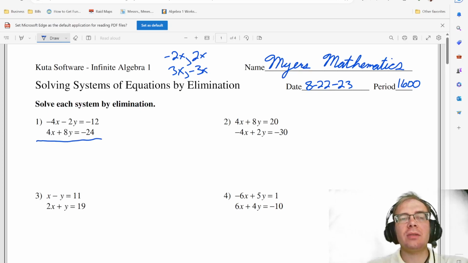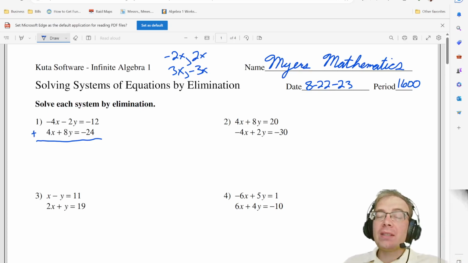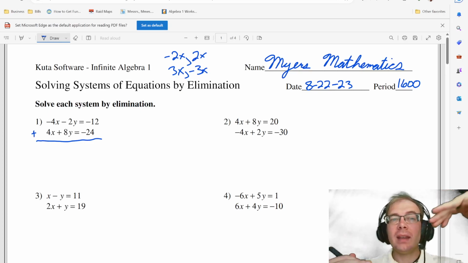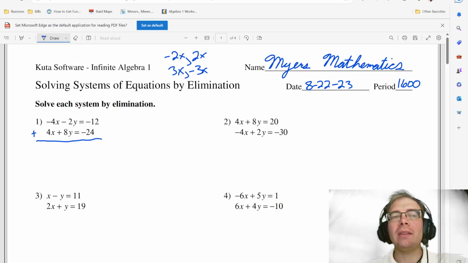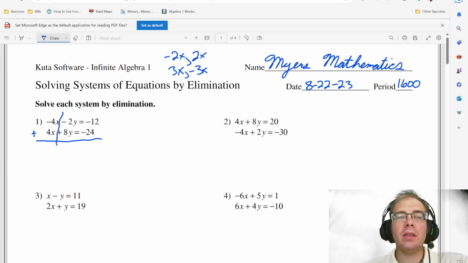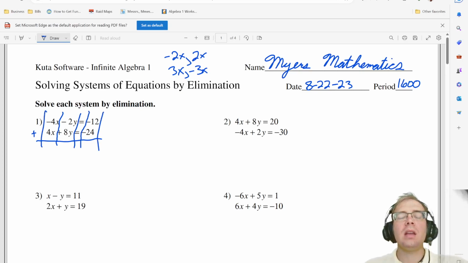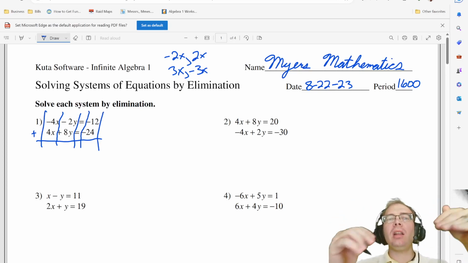And then you just solve, and you're good to go. When we get to where it's not already like that for you, then we'll cross that bridge when we get there. But for right now, we're already good to go, because if you look, we've got the x is right there, the y is right there, and the numbers are right here, right? Everything is in nice little neat columns.